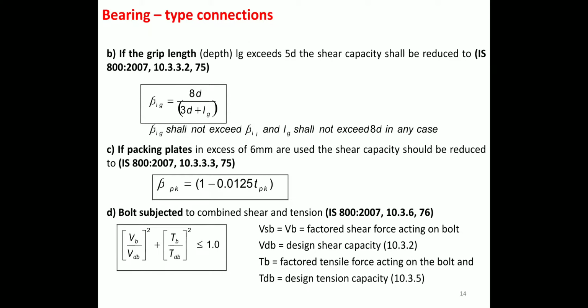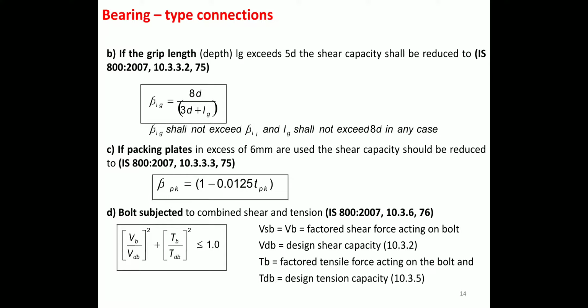Then under this section, if the grip length, that is the depth LG, exceeds 5 times the diameter of bolt, the shear capacity shall be reduced as per IS 800 2007, clause 10.3.3.2, page number 75. Beta LG is equal to 8 times the diameter of bolt divided by 3D plus LG.